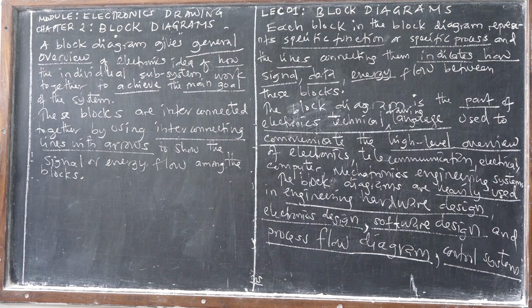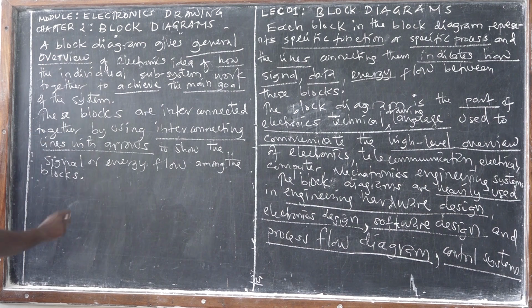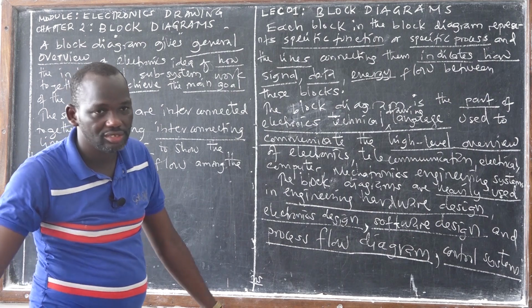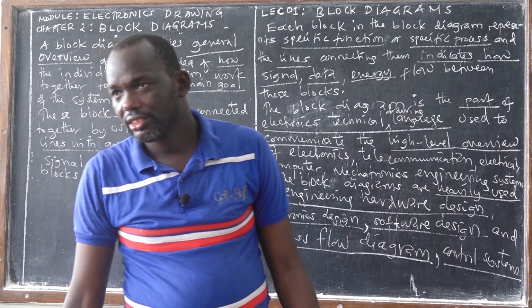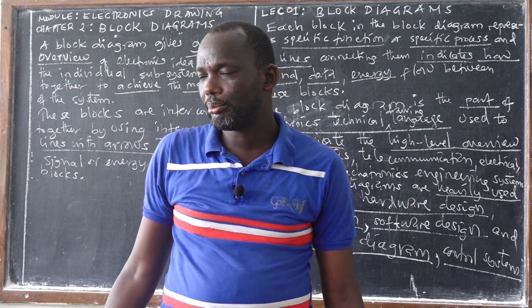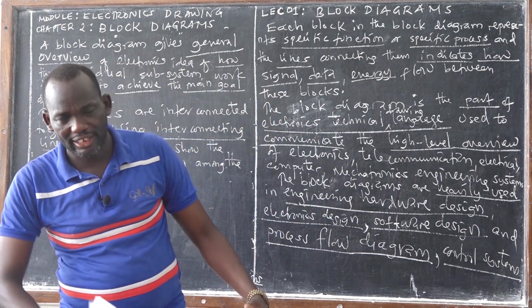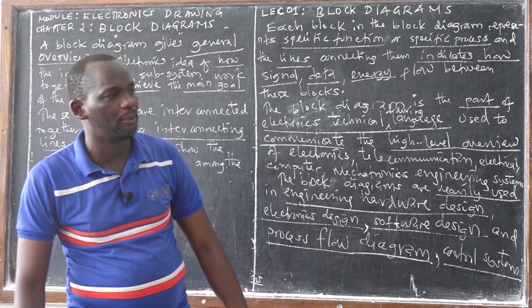Okay, so a block diagram gives a general overview. Say general overview. For instance, I just met you and I tell you that my name is Olenjolai. I'm teaching. That's general information. It identifies me from other people.